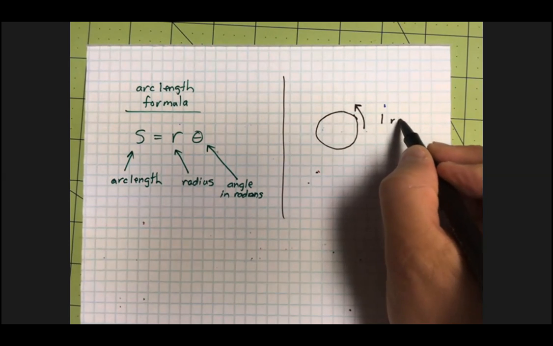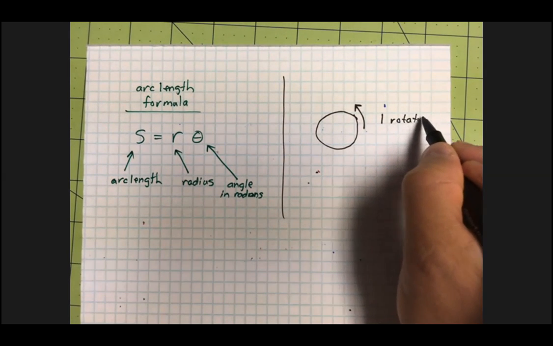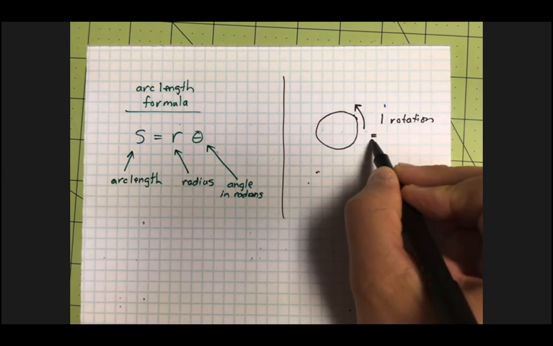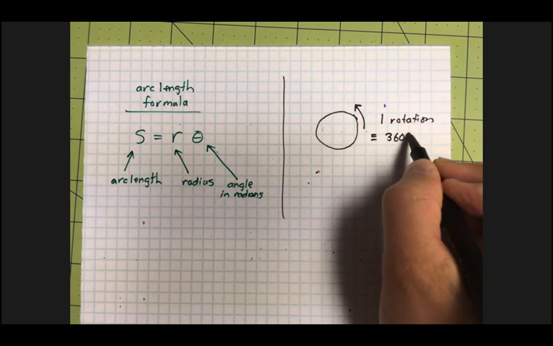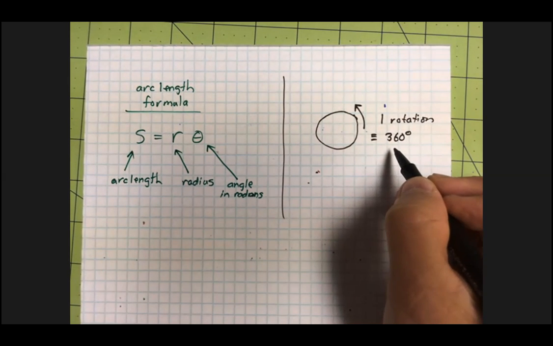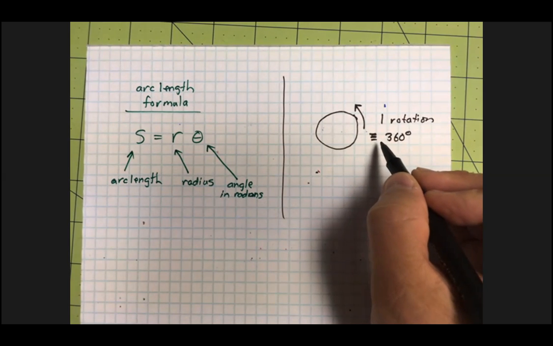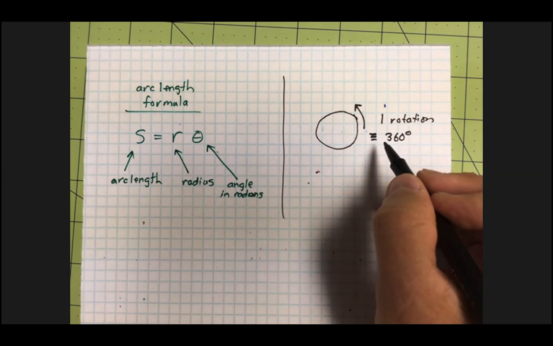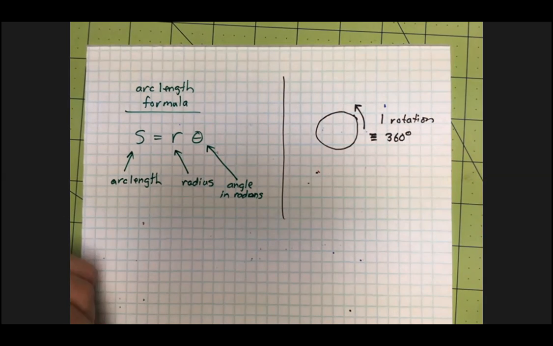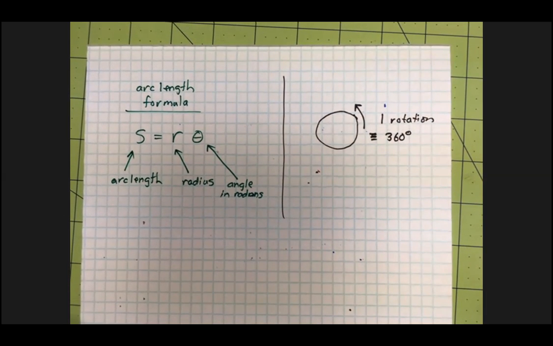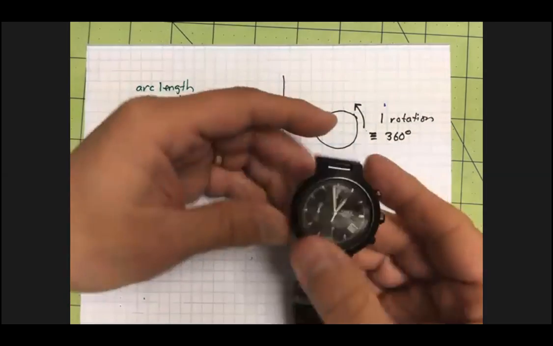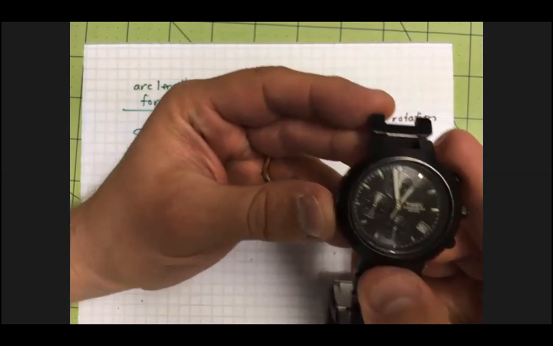And one rotation is literally 360 degrees. So if you're going through one rotation per minute, you're going through 360 degrees per minute. And I mention that because the second hand on your watch has to go through 360 degrees in 1 minute. I got an old broken watch sitting next to my desk.